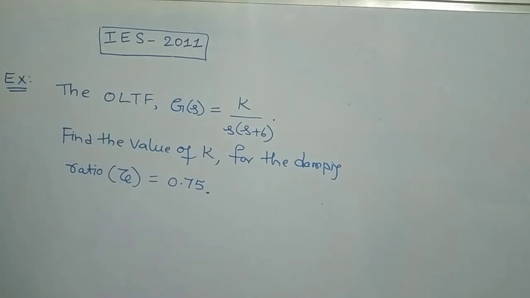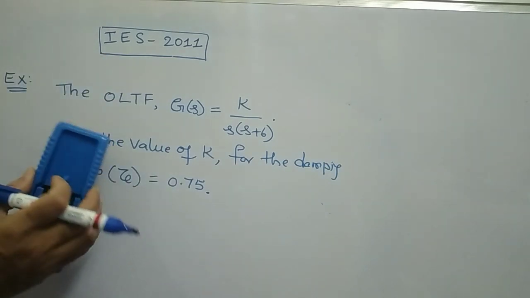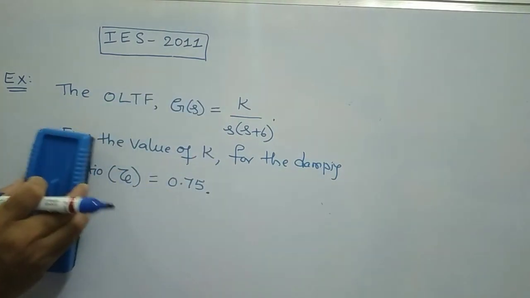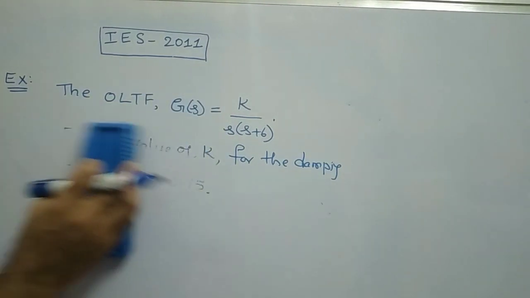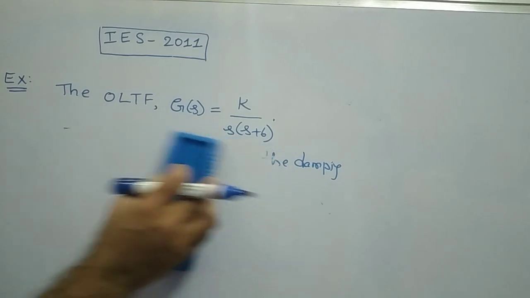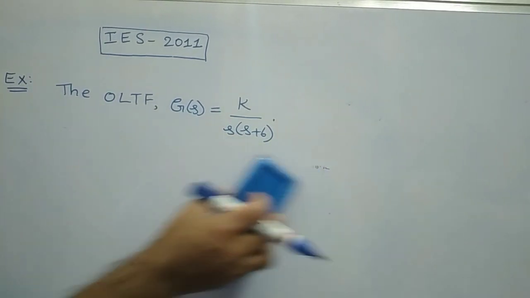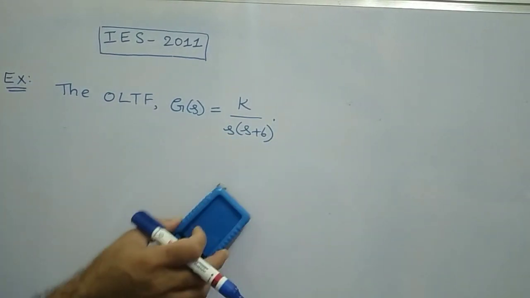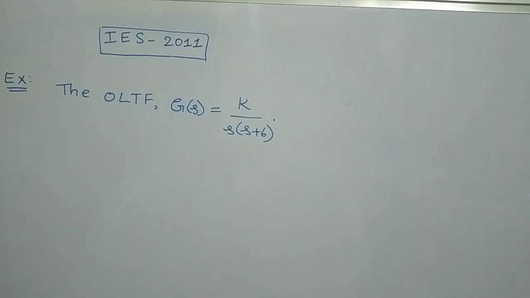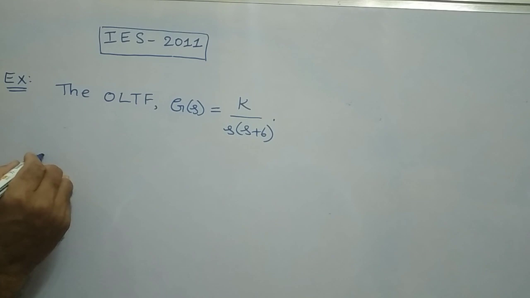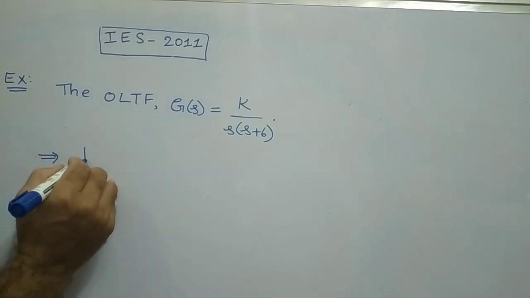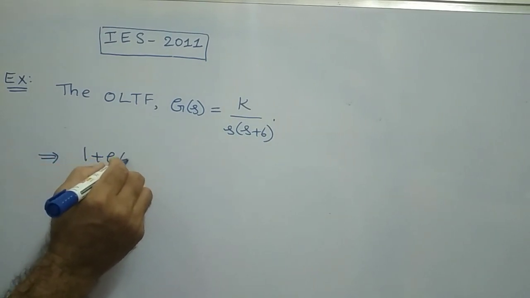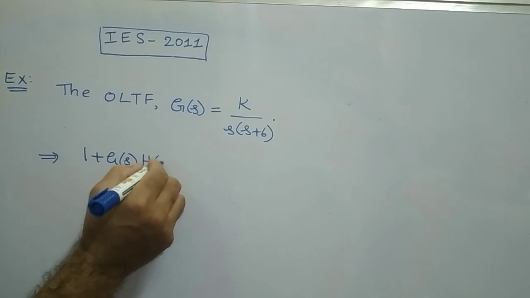This is G of s. Remember that whenever the OLTF is given in this fashion, you need to write the characteristic equation at the very beginning. I have already explained that the characteristic equation is 1 plus G of s into H of s equal to 0.